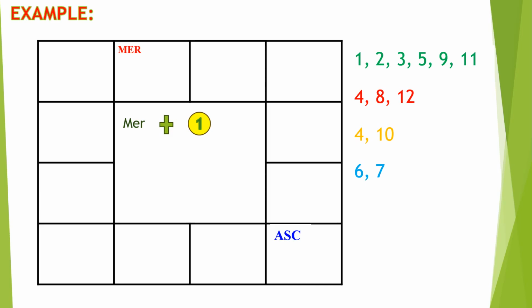So Mercury's characteristics and significators will be transferred to the native. The next thing is from where it is going to give these benefits. It is in the 8th bhava, and from the 8th bhava, it will give its benefits.